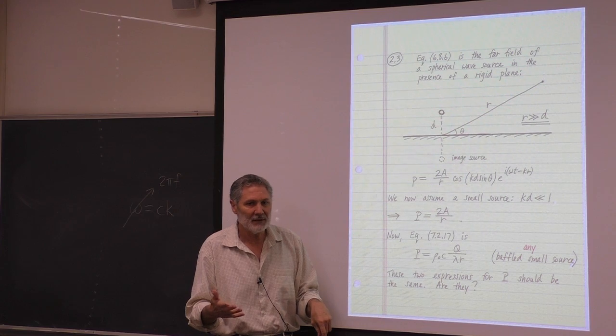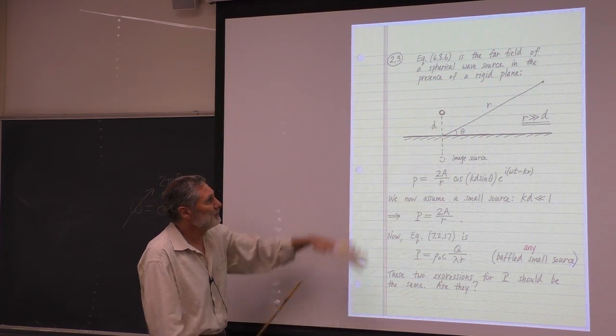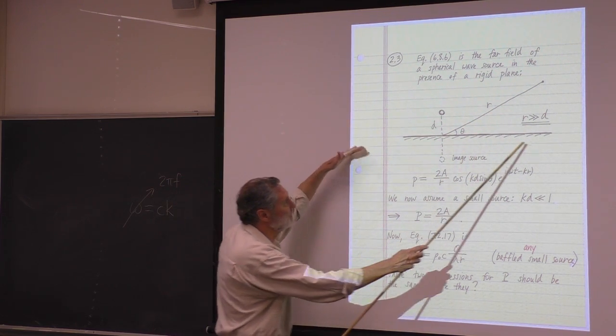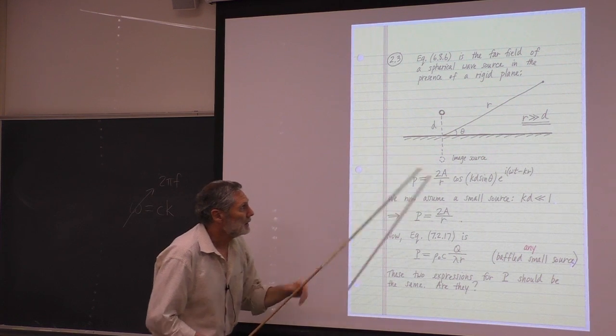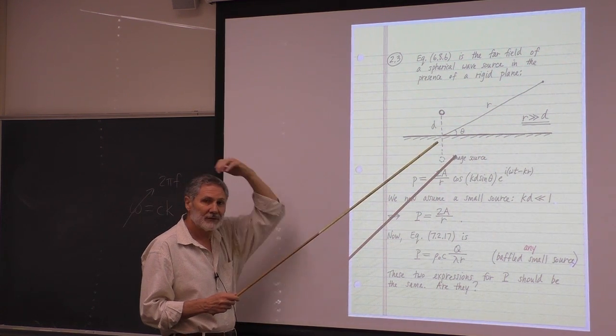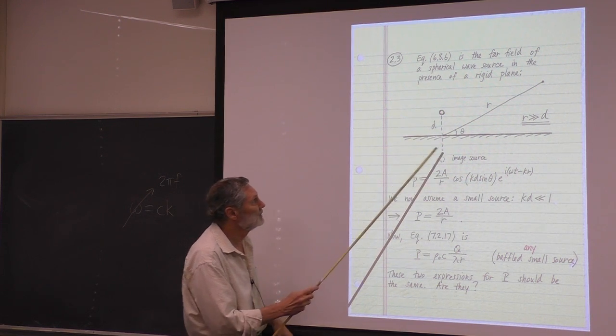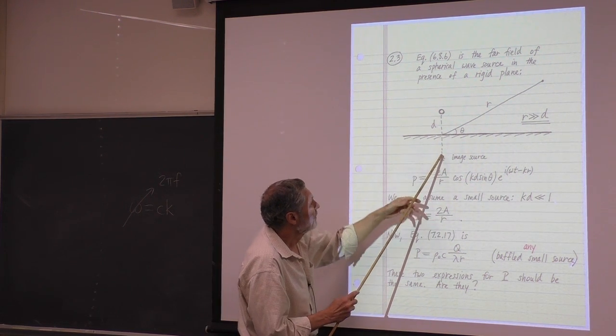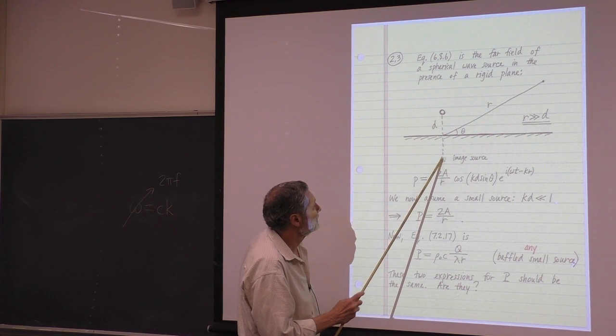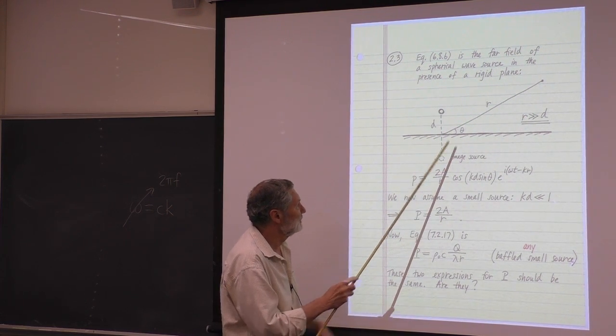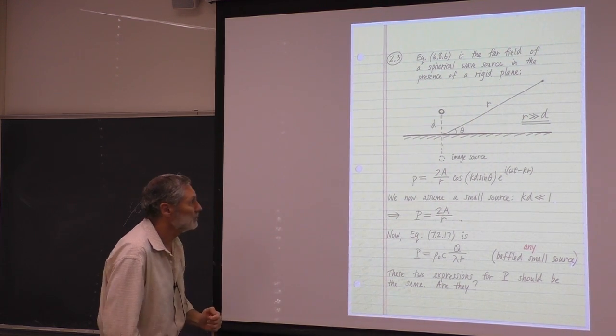We know how to handle that, a spherical wave. When you bring up this very large or strictly infinite rigid plane, we did this as our first problem on the use of images in the last chapter. So we can solve this readily by imagining an image source here. It's the same as this, the same distance, in phase, same frequency, same amplitude.